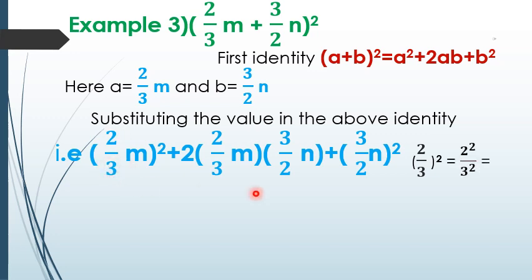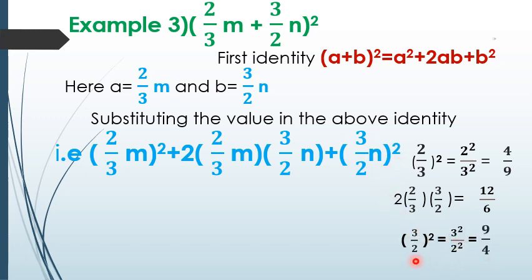That is equal to 4 by 9m square plus, in the middle term, 2 into 2 is 4, into 3 is 12, 12 by 6mn, plus (3 by 2n) whole square is equal to 3 square is 9 and 2 square is 4, which is equal to 9 by 4n square.